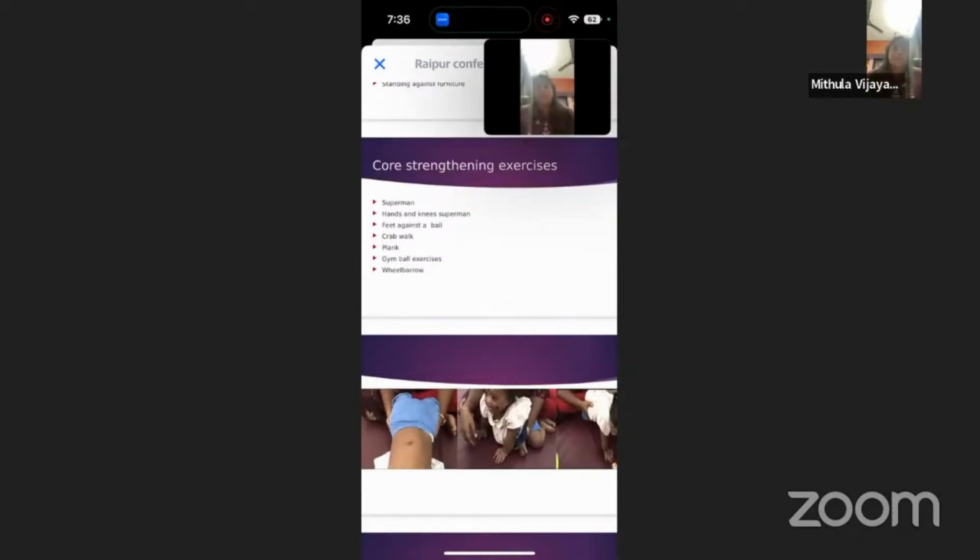This Superman posture plays a vital role in developing the anti-gravity muscles to strengthen the child's head, neck, arm, leg, and trunk muscles. This exercise develops the vestibular system, that is the balance and body awareness. Crab walk is a great exercise that promotes balance, motor skills, coordination, and cardiovascular health.